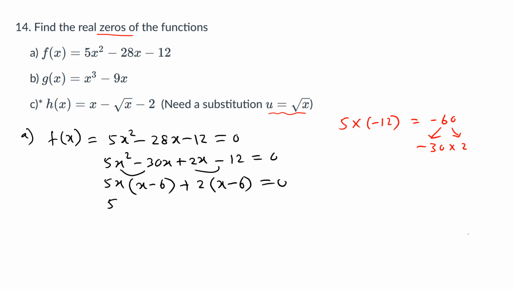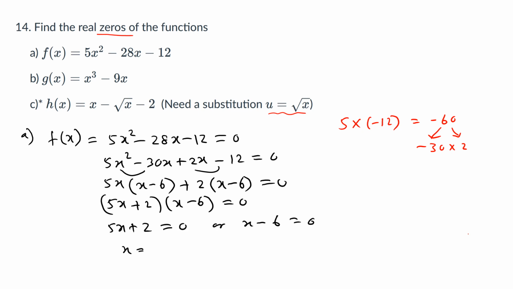So you get (5x plus 2)(x minus 6) equals 0. That means you set the first one equal to 0 or the other one equal to 0. So x equals 2 divided by 5, or x equals 6. Those are the two answers of the first one. Let's go to the next one.